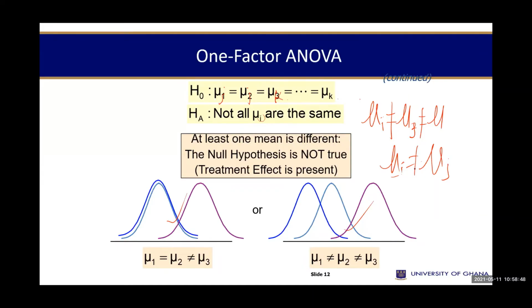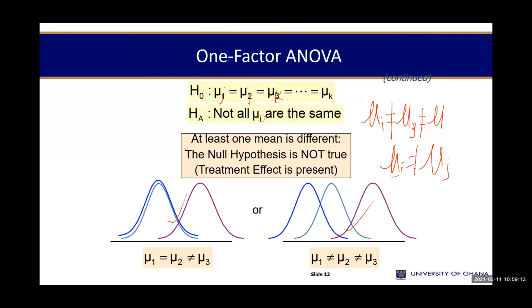They will write it as at least one pair in brackets, let's say 1, 2, 3. It's the same thing. If I'm going to teach you again in research methods, you will realize that I'll be restating the null and alternative hypotheses differently.